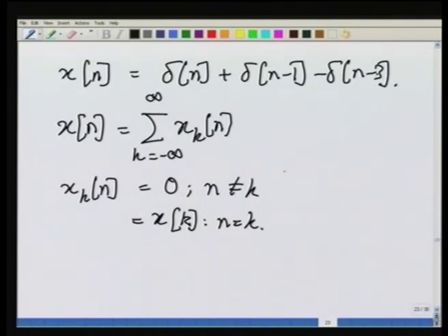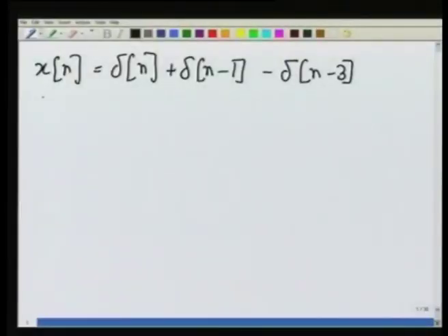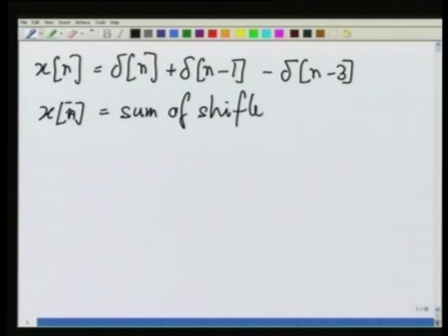That is all I expect of x k n. Thus, we have expressed x n as a sum of shifted and scaled impulses. That is the essence of the argument.